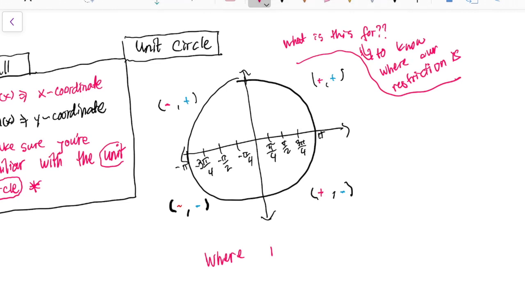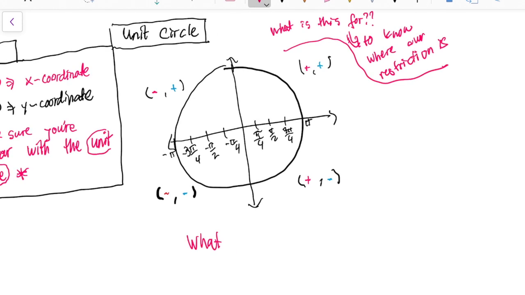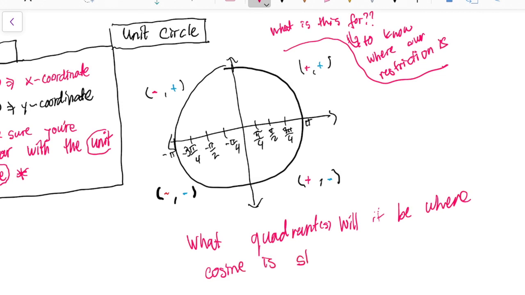What quadrant will it be where cosine is strictly less than 0? Pause the video and answer this question.